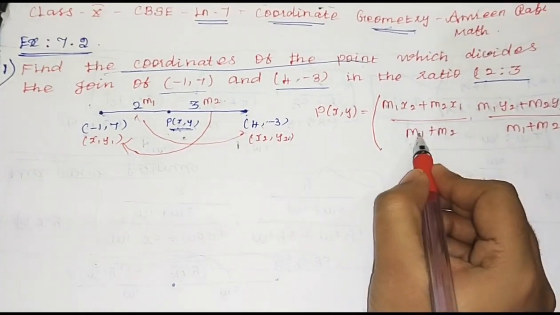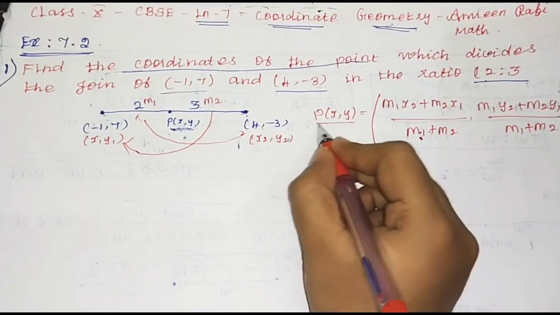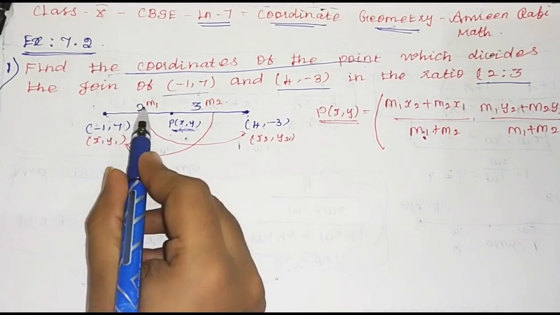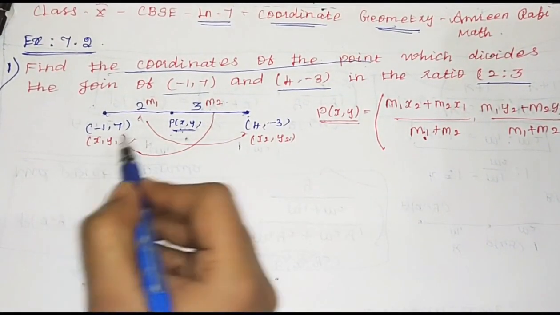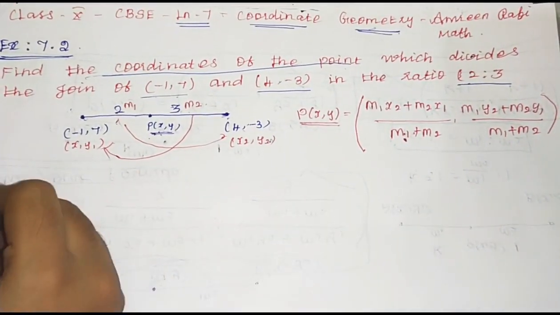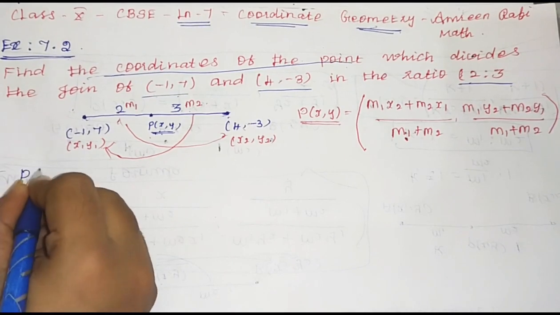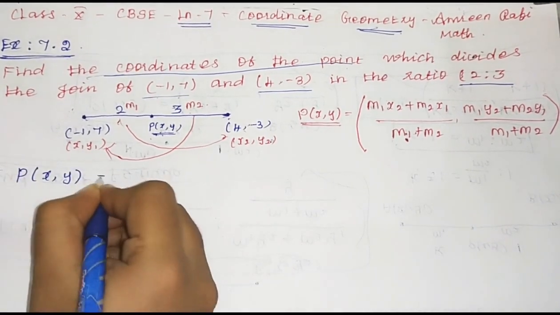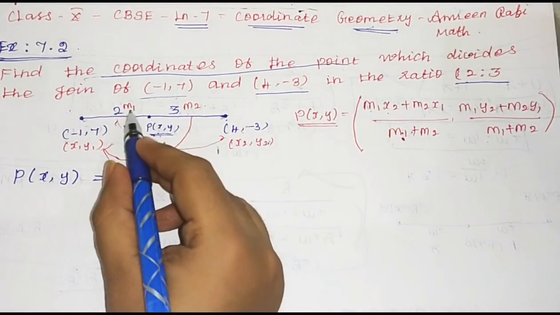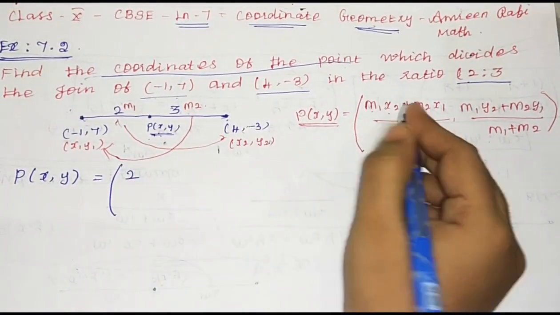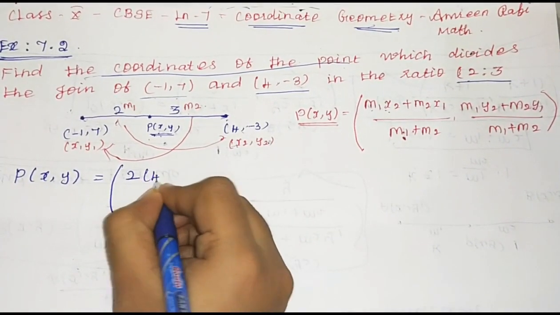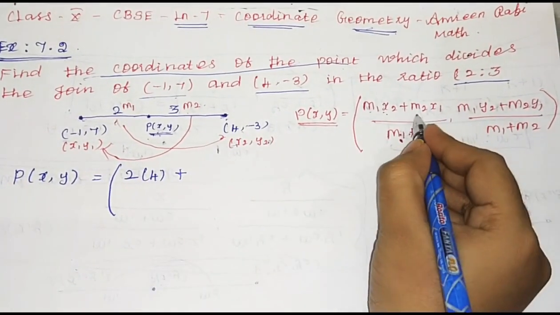Now using the section formula we can find out P of x, y. We know the values, m1 value, m2 value, x1 y1, x2 y2. In this formula we can substitute. So P of x, y equal to, open the bracket, m1 x2. Instead of m1 write 2, x2. Instead of x2 we can write 4, plus m2 x1.